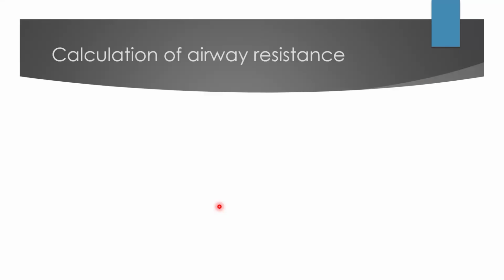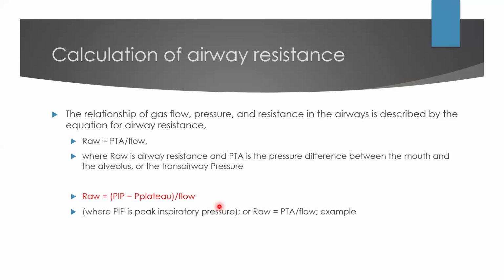Similar to the calculation of compliance, we can also calculate the airway resistance. Airway resistance is the resistance offered to the flow, given by the equation: the pressure difference divided by the flow. The pressure difference is the trans airway pressure, which is the pressure existing from the upper airway to the alveoli.